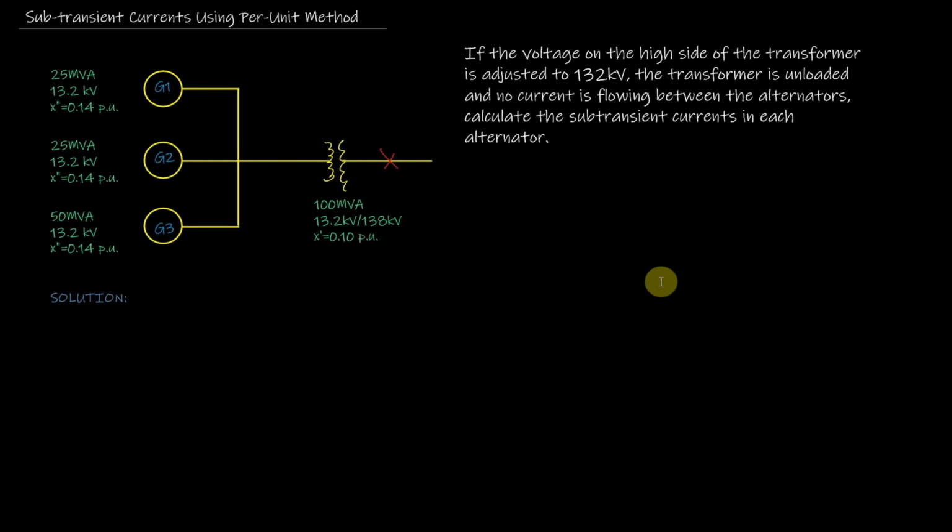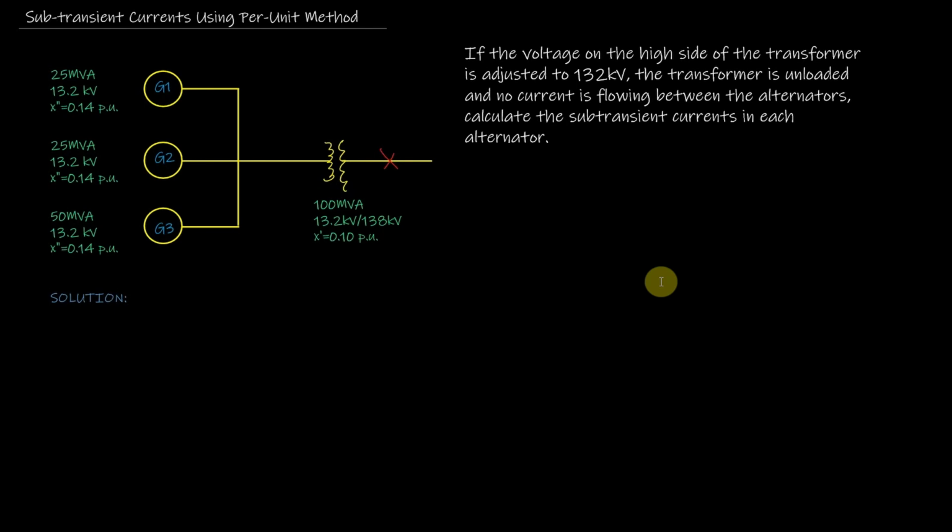So yung dalawang generators natin are identical, yung generator 1 at generator 2, which is both 25 MVA, 13.2 kV, and with the sub-transient reactance of 0.14 per unit.